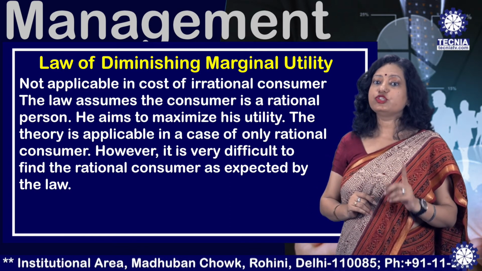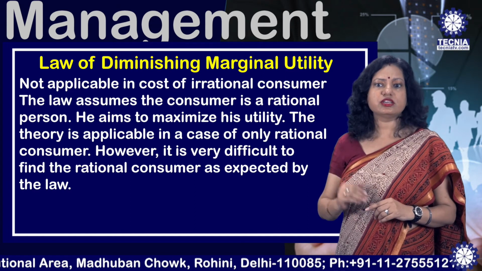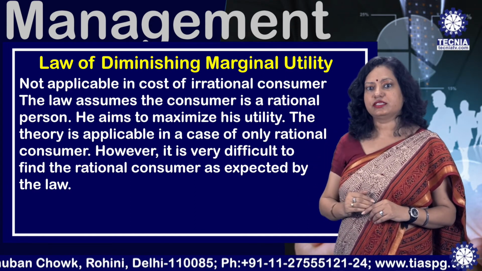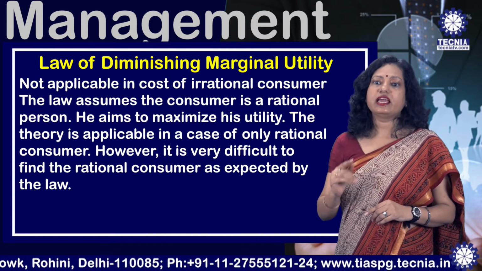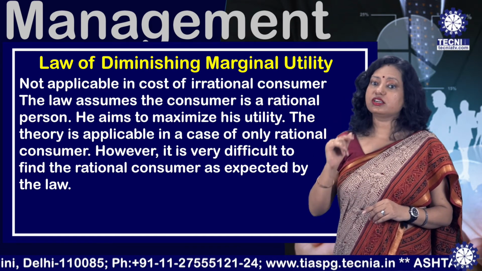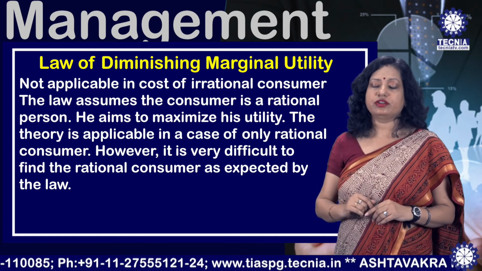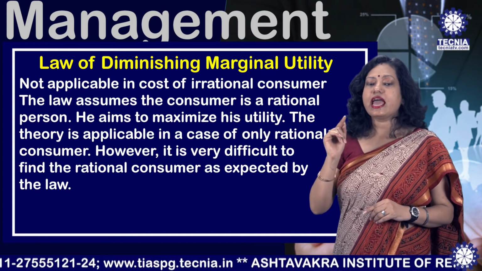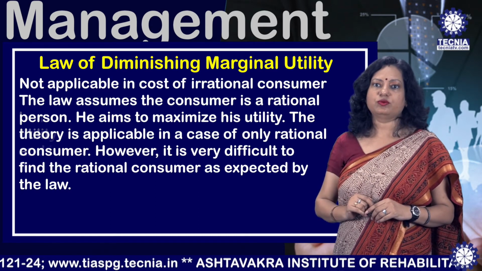The law assumes the consumer is rational and aims to maximize his utility. The theory is applicable only in the case of rational consumers. However, it is very difficult to find the rational consumer expected by the law.